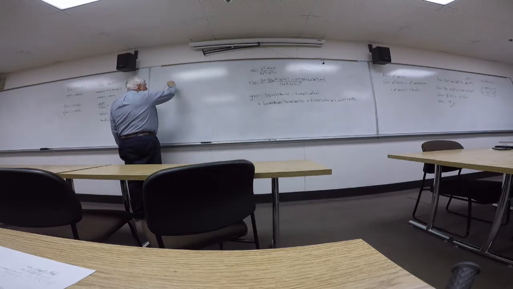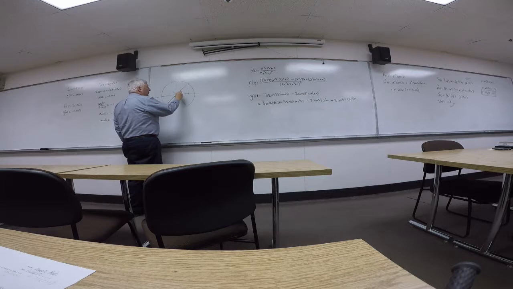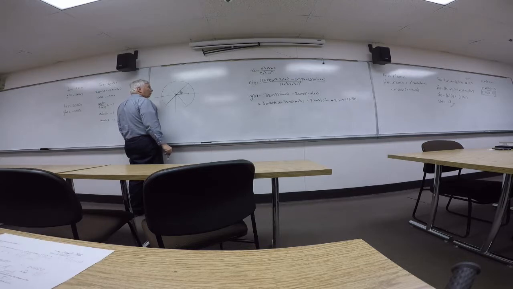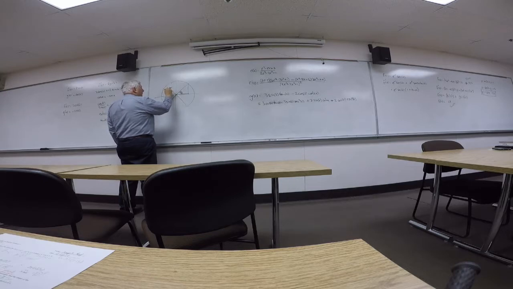let me draw a unit circle up here. This is pi over 4 for 45 degrees. Tangent of 45 degrees is 1. So this is 3 pi over 4, 5 pi over 4, 7 pi over 4.